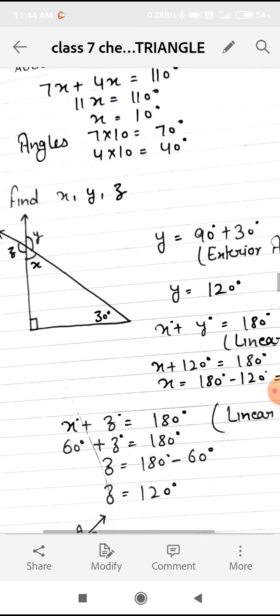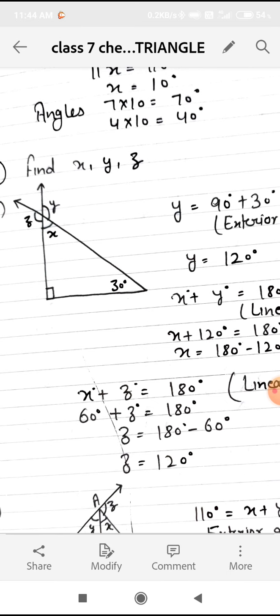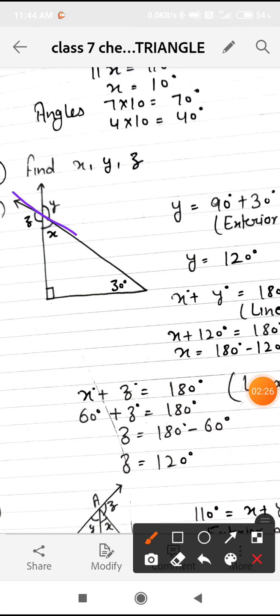Now we are going to calculate z. You can see z is also an exterior angle when this side is produced, which is equal to the sum of this and this. But there is another way to calculate it, and either way you will get the same answer.